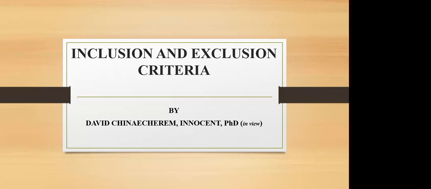But in a systematic review, using PICO as a model, you're not talking about studies that have addressed interventions on this, comparison as this, and outcomes as this. Remember, a systematic review is more like secondary research.